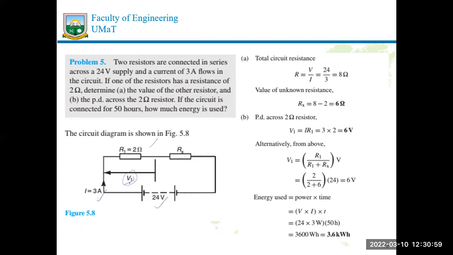Then if I can find this, I can subtract that from this to get V2. Then with the same current, I can find Rx. That's one way of doing it. Another way is just to use what I showed you, with the voltage divider rule, to compute for what you need.